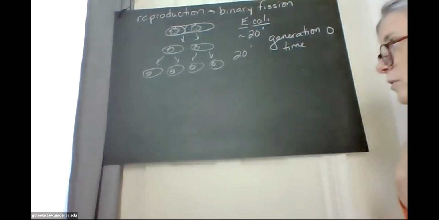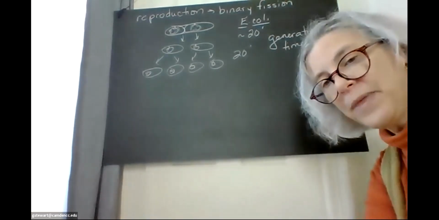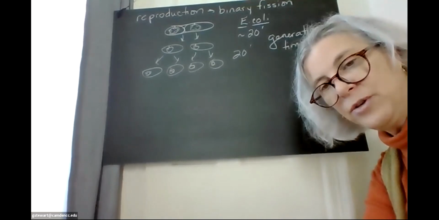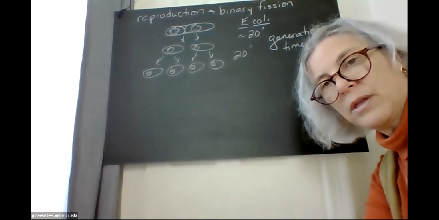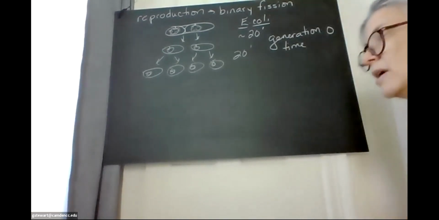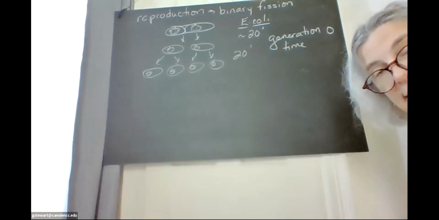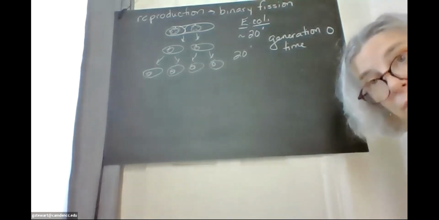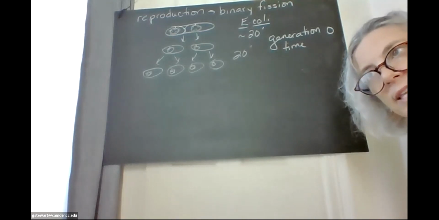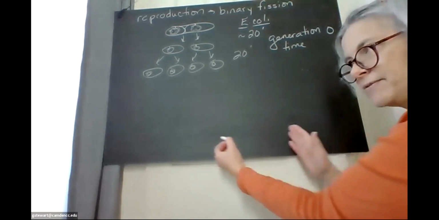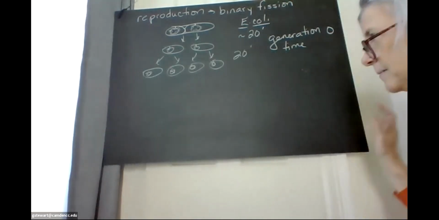So when you count bacteria, you actually count them on this logarithmic scale, and you can plot bacterial growth. And we call that chart, we make a graph, and it has a name. It's called the bacterial growth curve, because the curve is the same for every bacteria. The only thing that changes is, as you'll see, the amount of time on the bottom, and that's going to change the shape of the graph slightly.